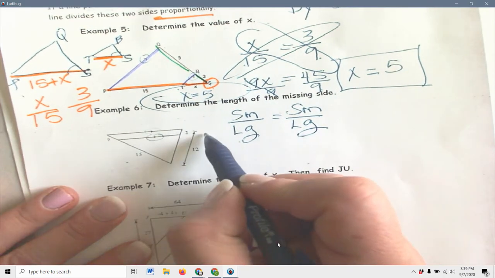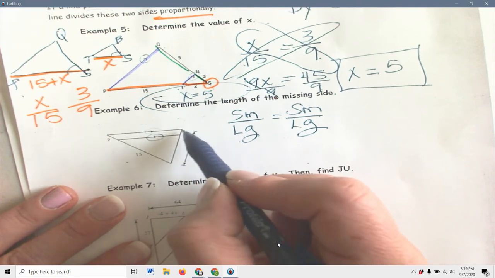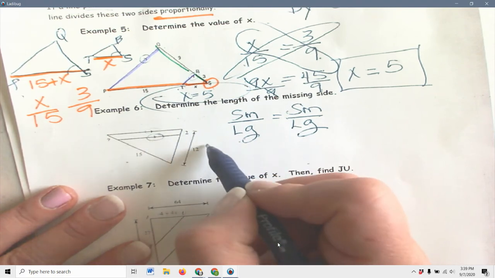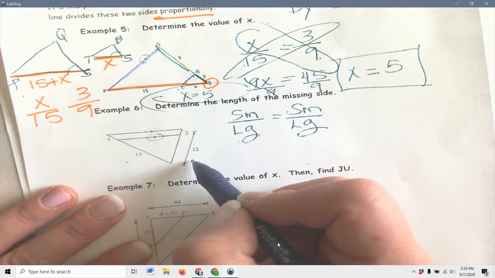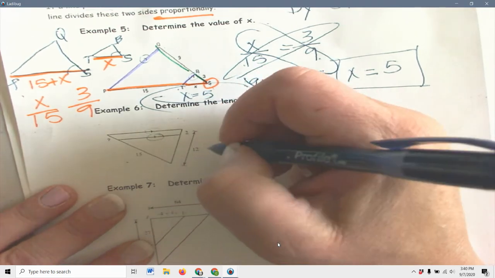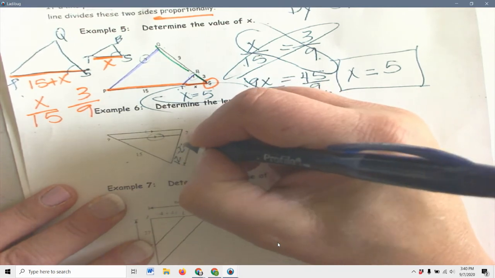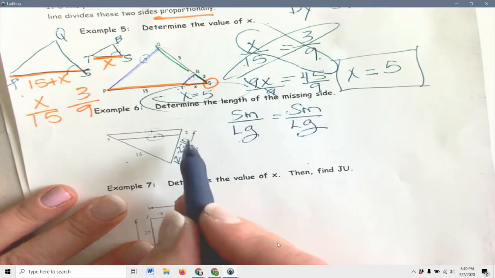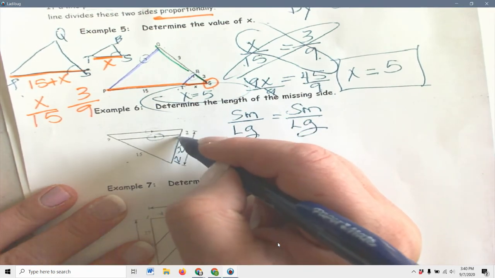The only problem is here what we are given is we have a small side here, the small piece that was divided, but we don't have our big piece alone. We just have the full thing. So we know that this piece is going to be 12 minus that 2. So that's going to be 10. Okay, so keep an eye out for that. This 12 is not going to be this divided piece.